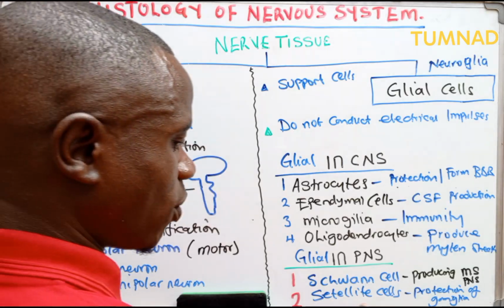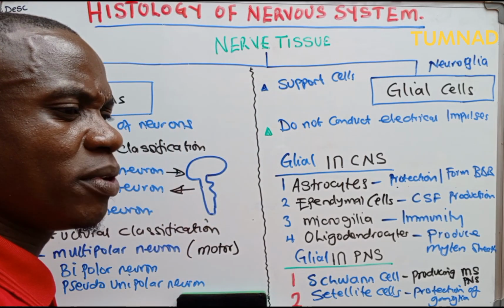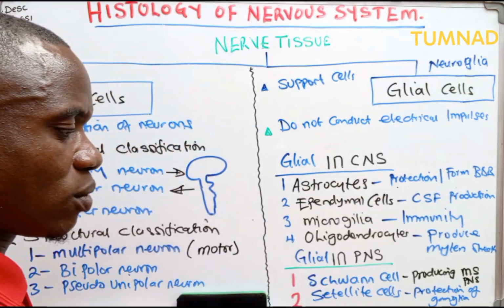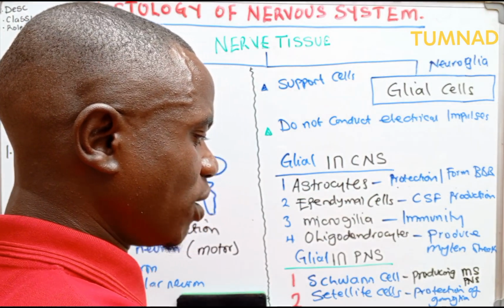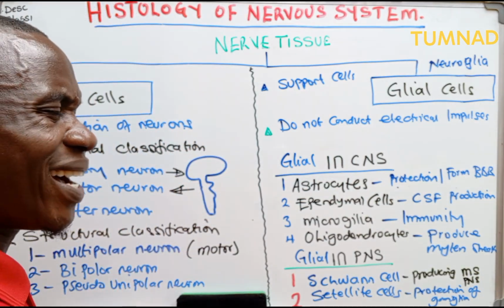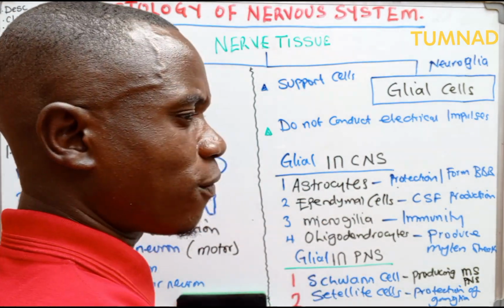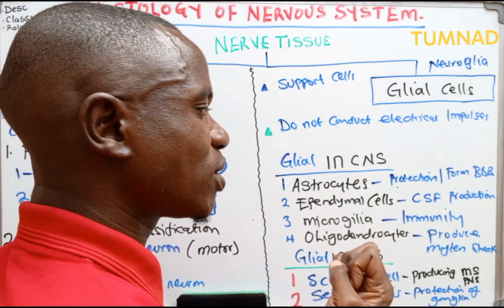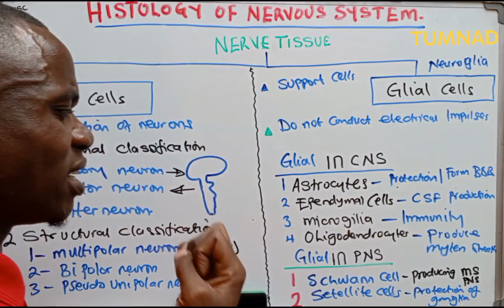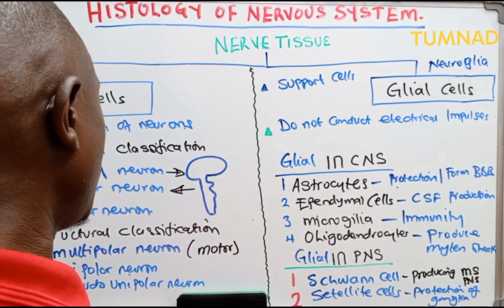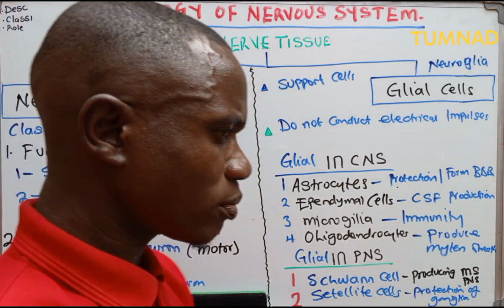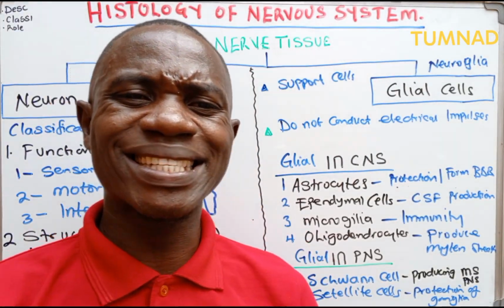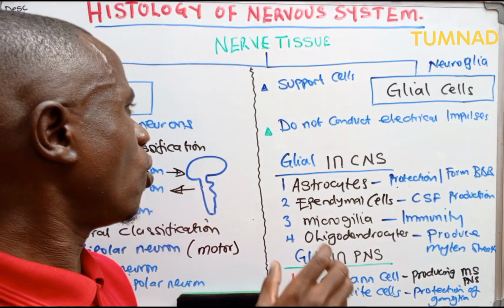Then we also have the satellite cells, which wrap around the cell bodies in the dorsal root ganglia and other ganglia. Of course, the ganglia are the collection, the group of neuron cell bodies outside the central nervous system.